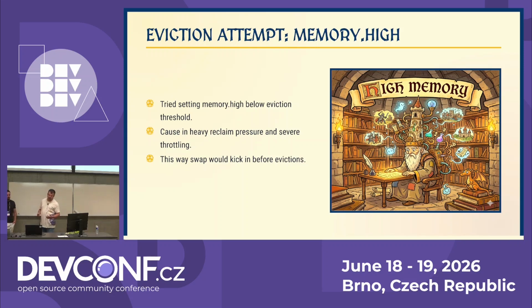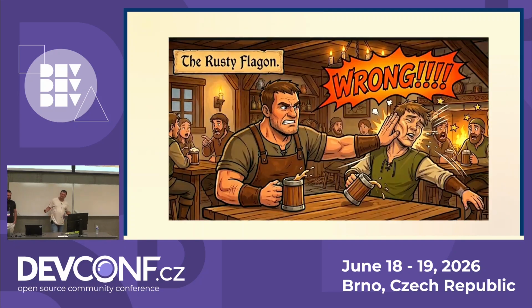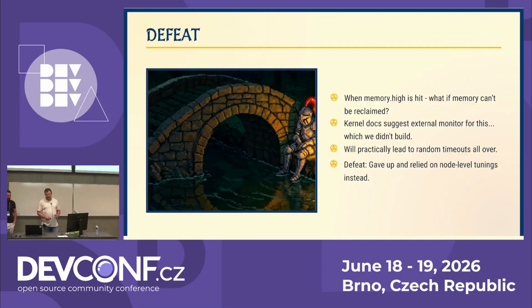So we saw that the swap is actually happening on the processes that are inside the cgroup, and we were thinking, okay, we found the solution, right? It was pretty easy, right? So wrong. The problem with cgroup FS is, what happens when you don't have free memory? The reclaim will happen forever.